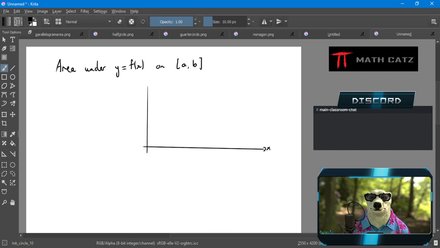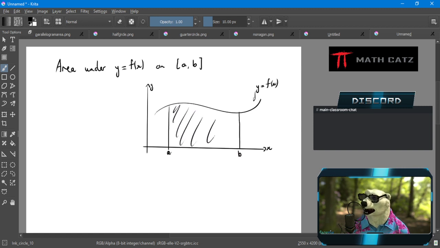Now we say under the graph, but we really mean between the graph of my function and the x-axis, bounded on the left by a and on the right by b. This is represented by the definite integral from a to b of the function, and x is my variable.